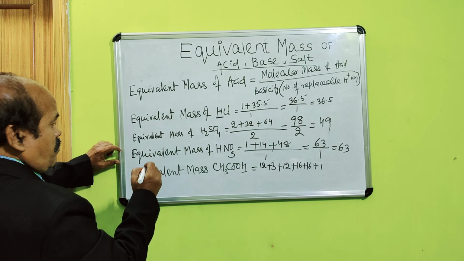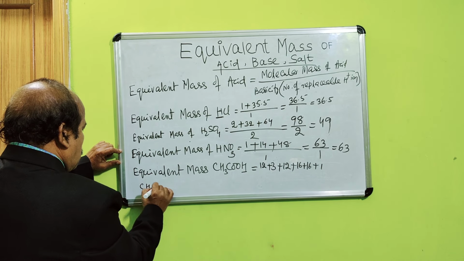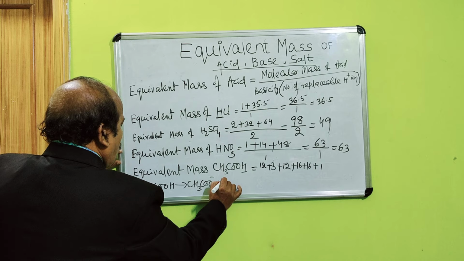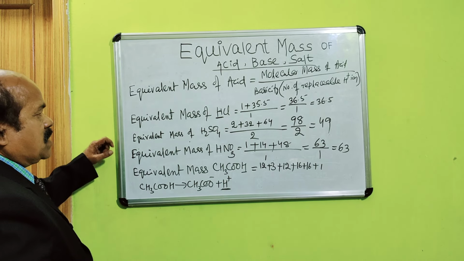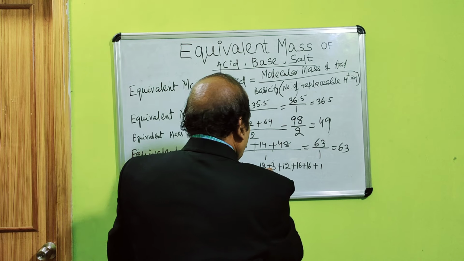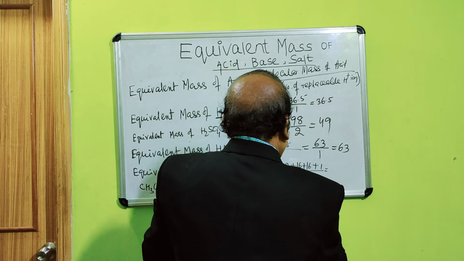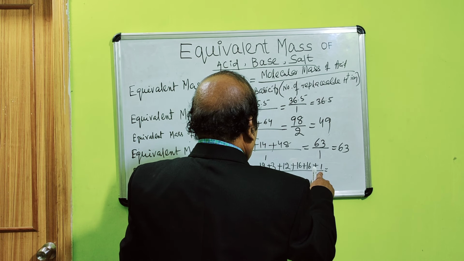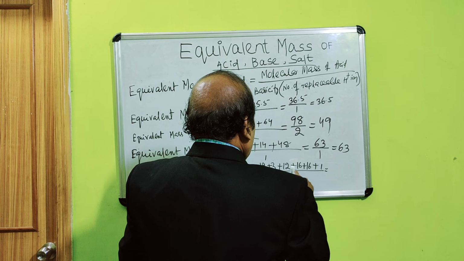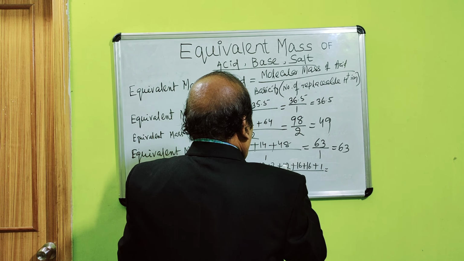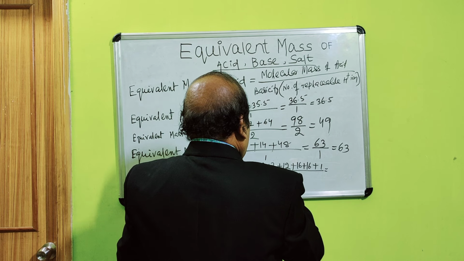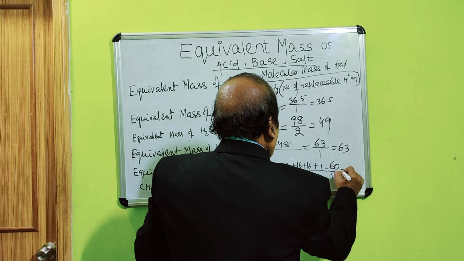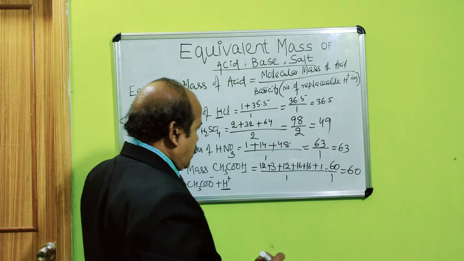It's because the number of replaceable H plus ion is one: CH3COOH will give rise to CH3COO minus plus H plus, hence basicity is 1, so I shall divide by 1. Let me calculate it again.